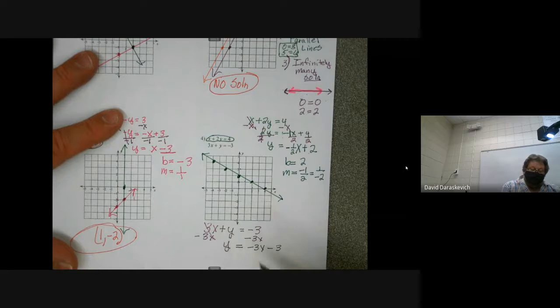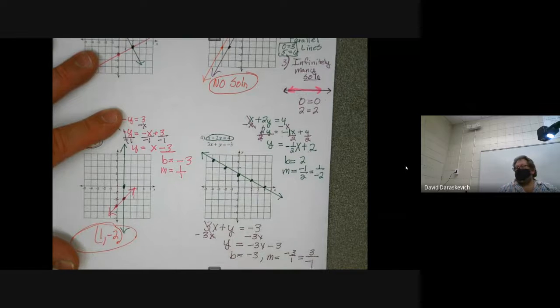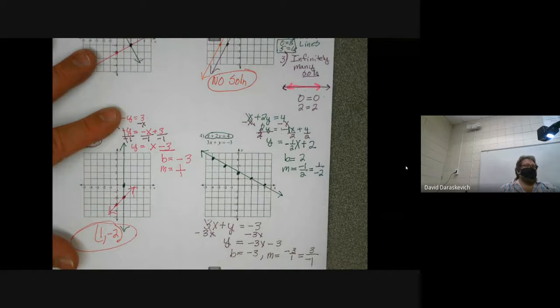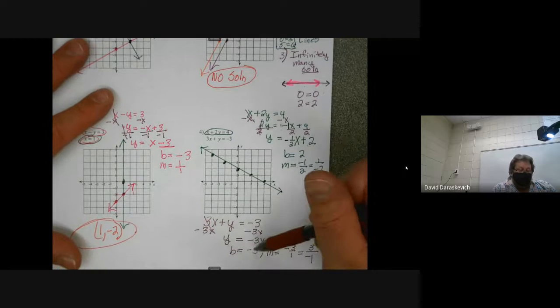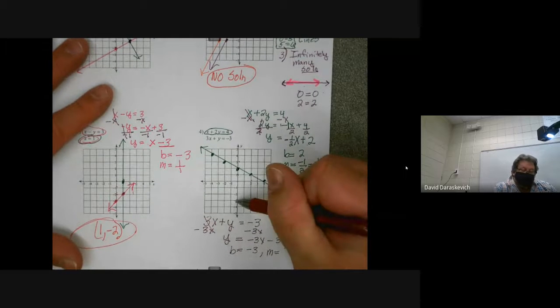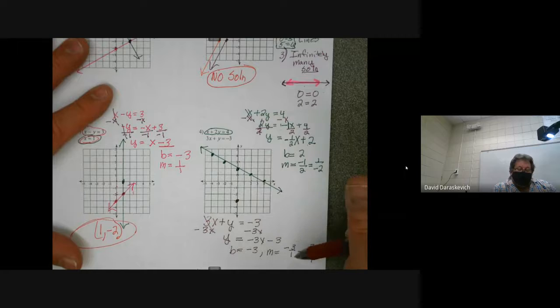So here, my y-intercept is -3, and my slope, that's a whole number, so I'm going to make it a fraction. Either -3 over 1 or 3 over -1. So I'm going to start at -3. And I'm going to use this one.